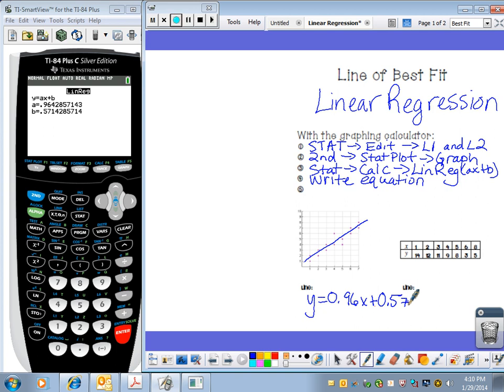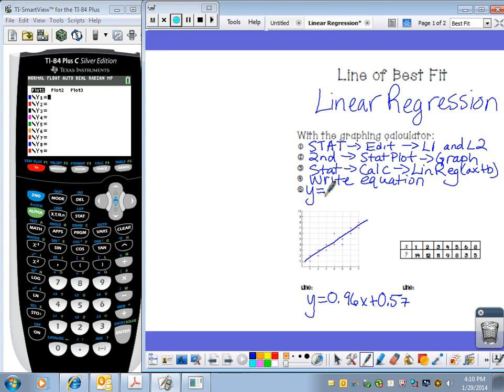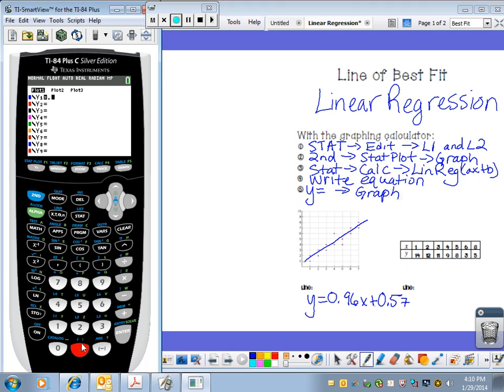Then I'm going to go to y equals in the calculator, type in my equation, and hit graph again. So my equation is 0.96x plus 0.57.